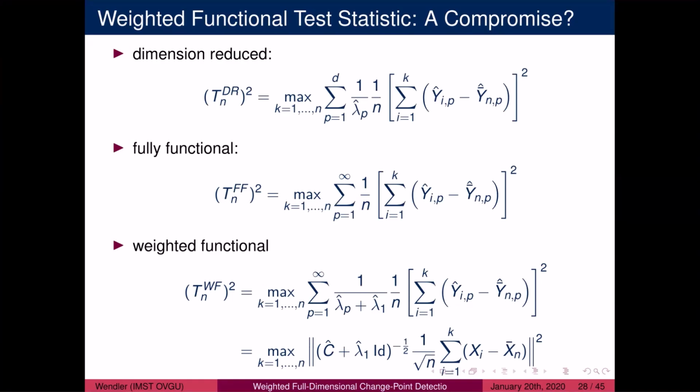If you look at this statistic, it's a compromise between the two, and it's called the weighted functional statistic. But you could first think that this is not easy to calculate, right? If you look at this formula, you might think, well, I have to estimate all these eigenvalues.